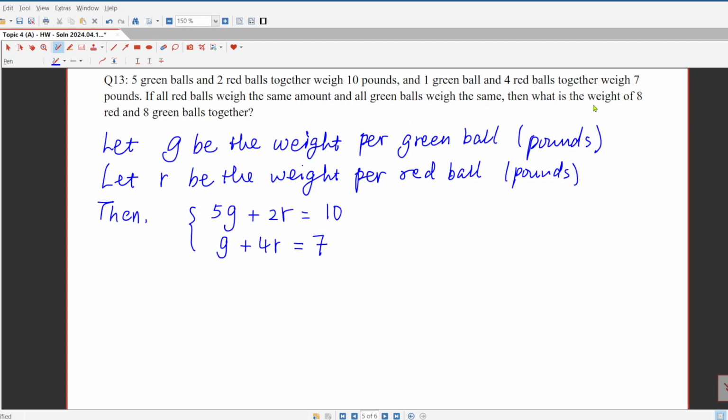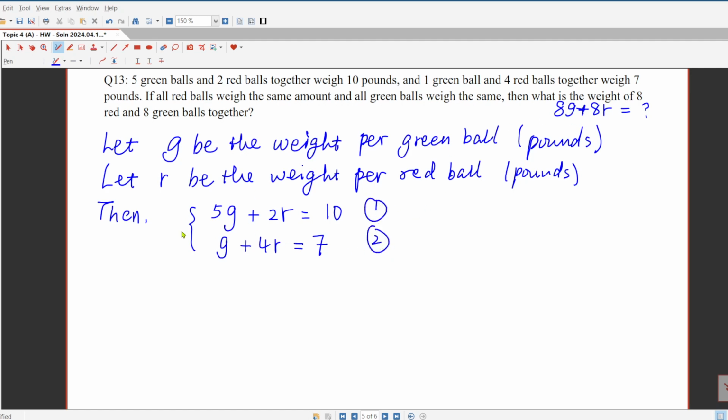And we are asked to find the weight of 8 red and 8 green balls together. So you need to find 8G plus 8R, right? Again, not necessarily solve G and R, but we need to find 8G plus 8R equals how many pounds.